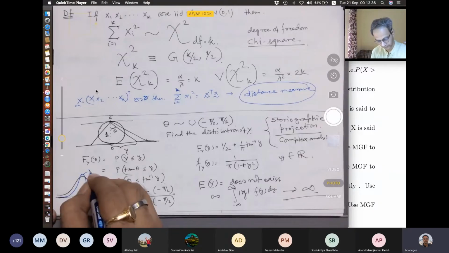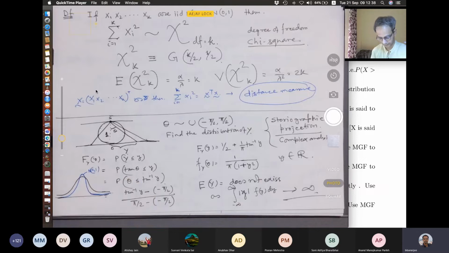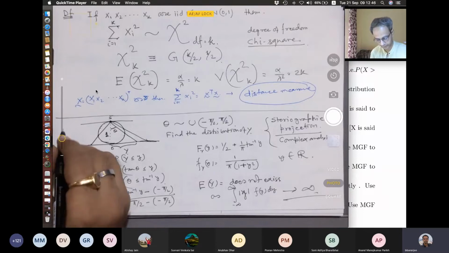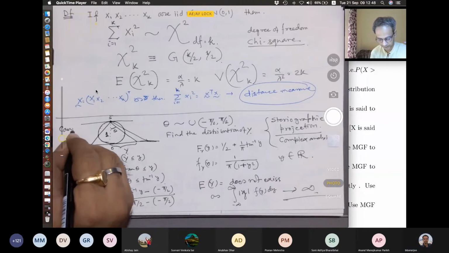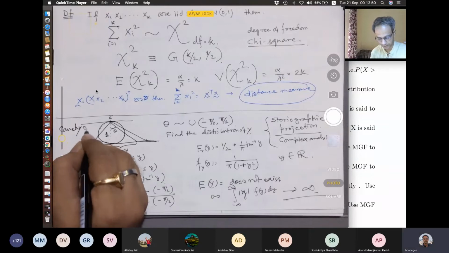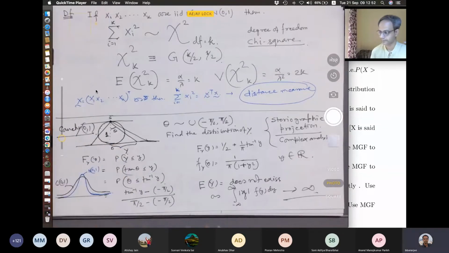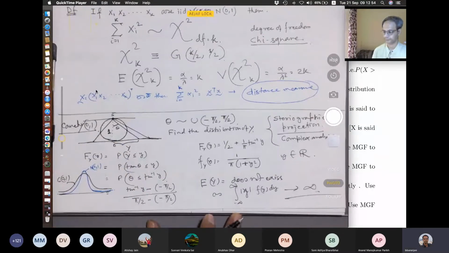The blue one is normal 0, 1, and the black one is known as the Cauchy 0, 1. So this distribution is known as the Cauchy 0, 1 distribution. This distribution of y is said to follow the Cauchy distribution.